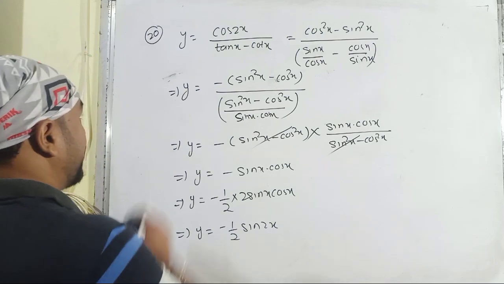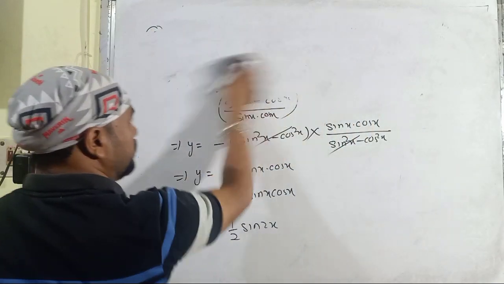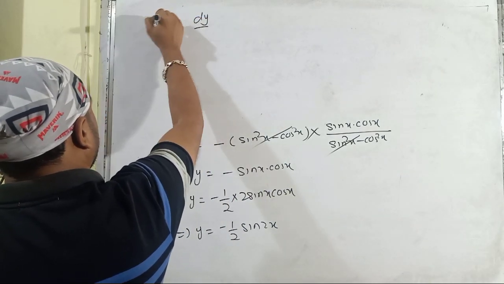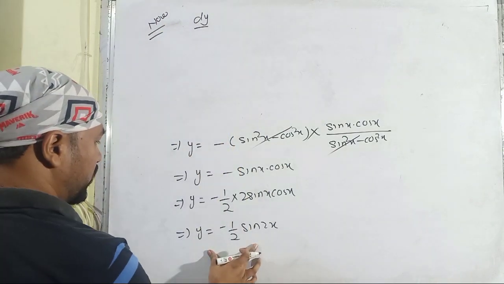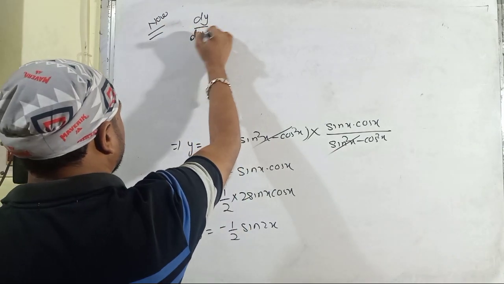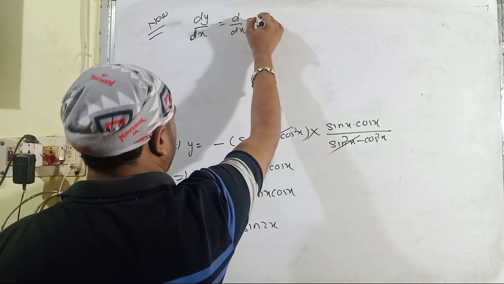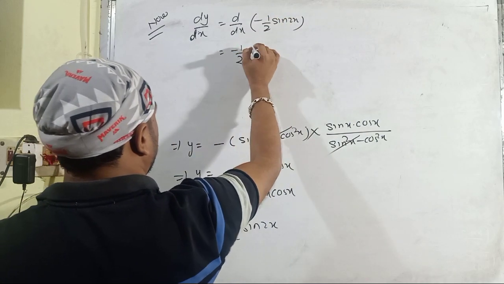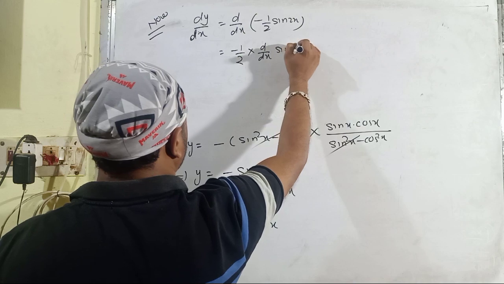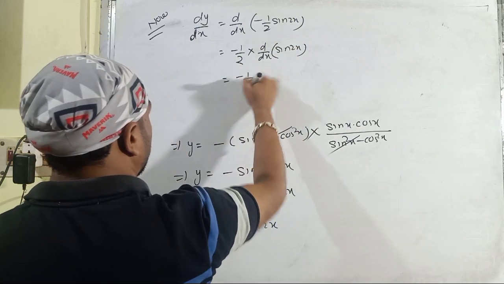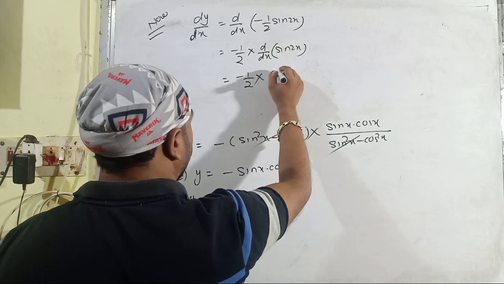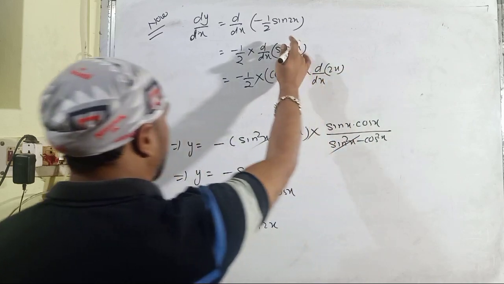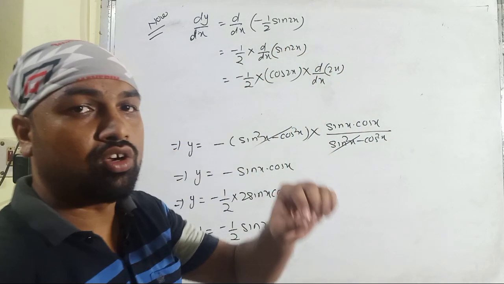Now we can apply the chain rule here. So differentiating both sides with respect to x, we have dy upon dx, which will be equal to differentiation of minus 1 by 2 sin 2x, which will be equal to minus 1 by 2 multiplied with differentiation of sin 2x, it is cos 2x, again multiplied with differentiation of 2x, because we have applied the chain rule here, sin 2x is a composite function.